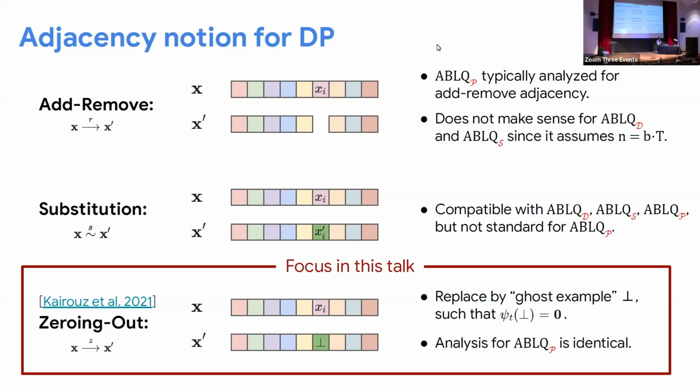Another notion you can consider is substitution, where we replace one example by another example, but this is also not really standard for the Poisson subsampling privacy analysis. So here we will consider what we call the zeroing out adjacency, where we replace an example by a ghost example. Then the analysis is the same for Poisson subsampling, and it also works for the shuffle and deterministic samplers.